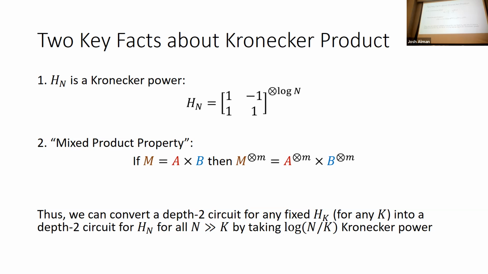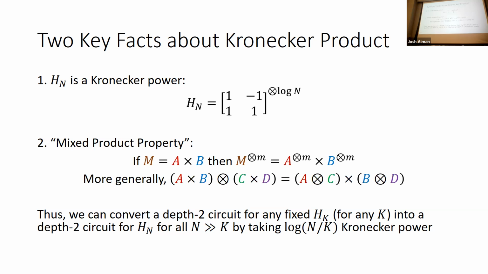I'll show you an example in a second, and I'll just note, because we're going to use this a bit later, there's even a more general fact that the Kronecker product of the regular products of any 2 matrices is equal to the regular product of the Kronecker products, assuming all the dimensions work out appropriately.